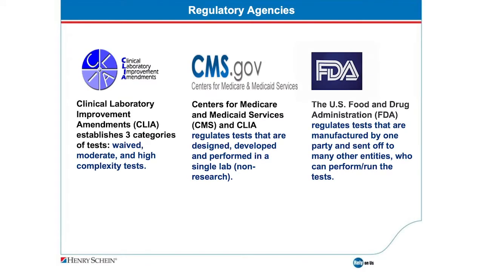The FDA is an agency that you all recognize, and they're more involved in the manufacturing side of regulations. Each manufacturer has to go through an extensive process in order to get approved or cleared to sell their product in the market. It's a little bit different of a situation when you're talking about a pandemic.